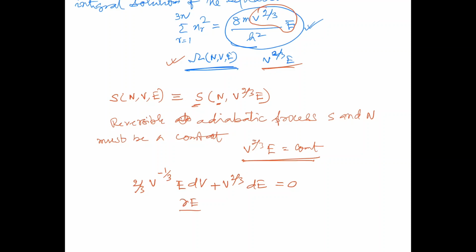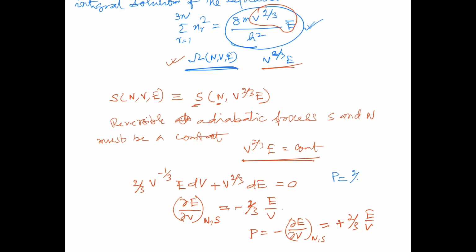So dou E by dou V, in this case when N and S are constant, is given by minus 2/3 E by V. But dou E by dou V at constant N and S we have also seen as P equal to minus dou E by dou V at constant N and S. So that becomes equal to minus 2/3 E by V. This minus sign makes it positive, and hence we obtain P equal to 2/3 E by V.